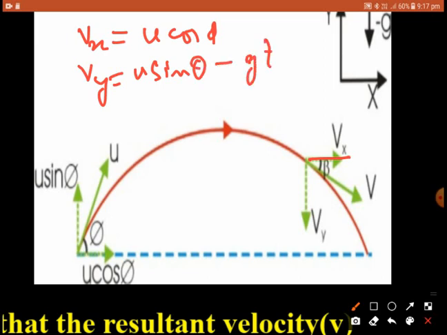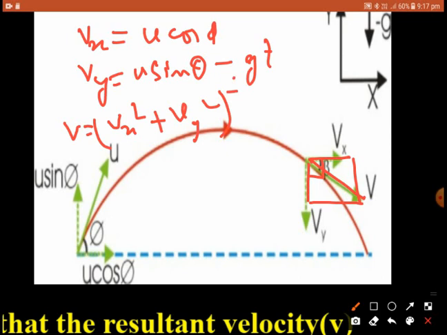So if you want to find this by the parallelogram law of vector addition, you can easily find out. But here the two components are perpendicular to each other, so v will be equal to the square root of vx square plus vy square, which will give you the magnitude of v.